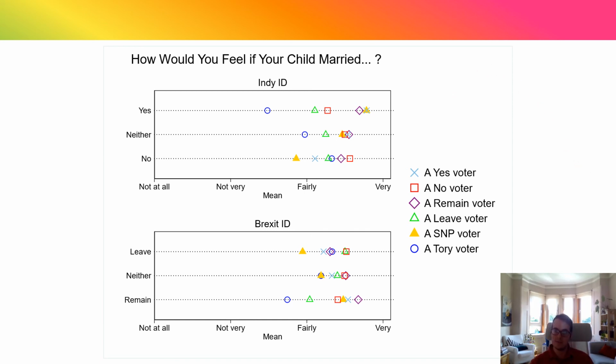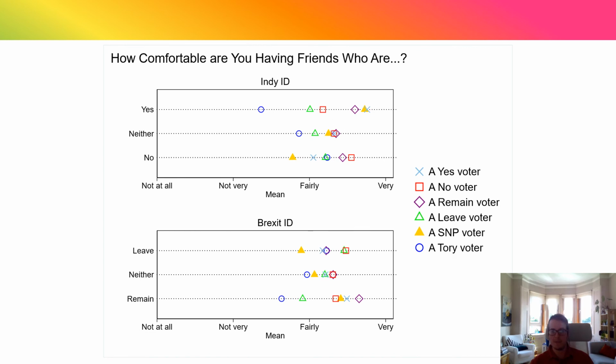We see exactly the same patterns for the next question about whether people are personally comfortable having friends of a certain group. Although people are a little bit more negative here than when it comes to the marriage question, which suggests that maybe when they're thinking about their own life and their own behaviour, rather than their son or daughter, they're more inclined to say, actually, you know what, I wouldn't hang about with somebody like that.